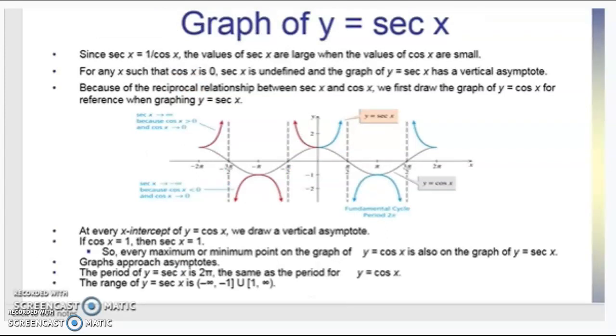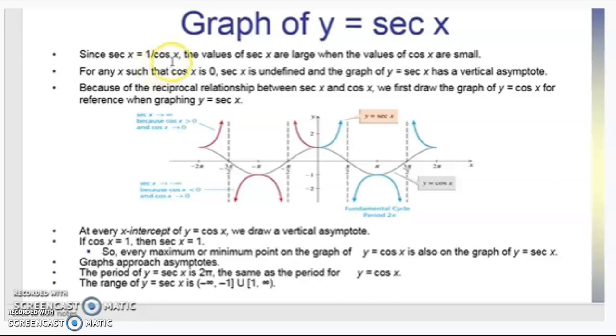Moving on to our last two reciprocal graphs. Our secant function is the reciprocal of our cosine function. Therefore, the secant function is defined as 1 divided by the cosine function, the cosine of x.